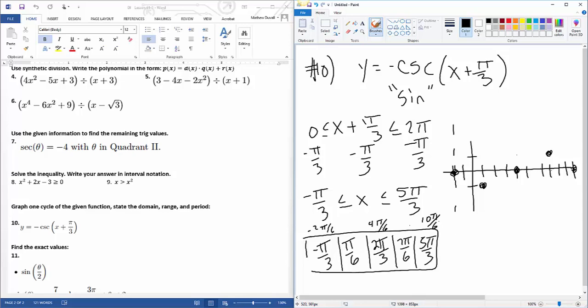And then because it's cosecant, where it crosses the center line is asymptotes, and then it's parabolas at the peaks.